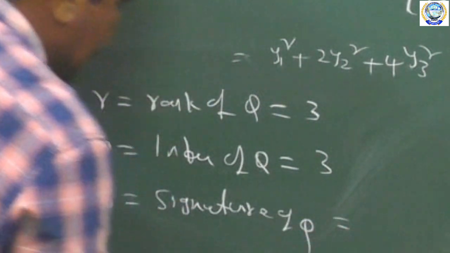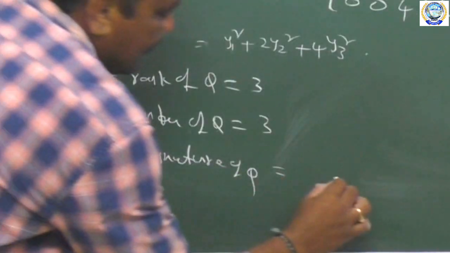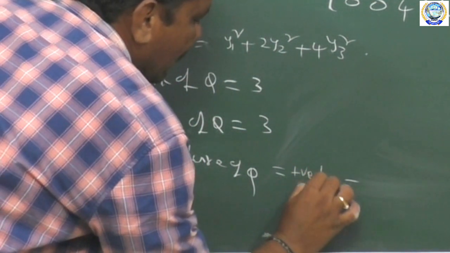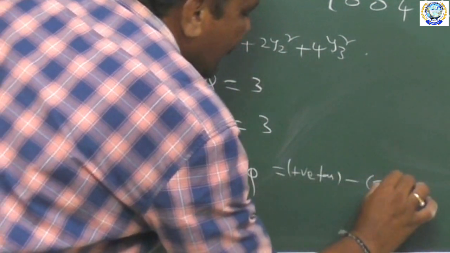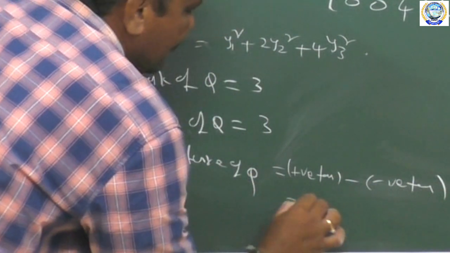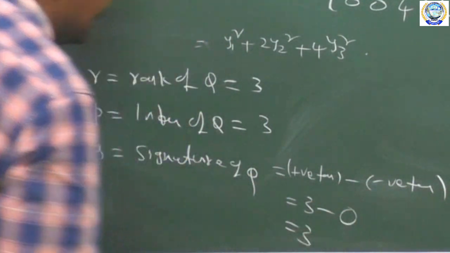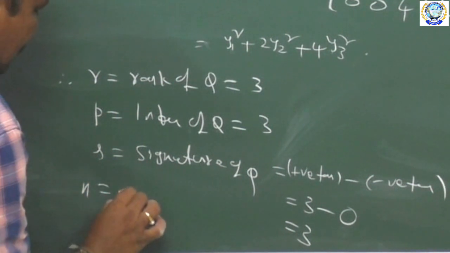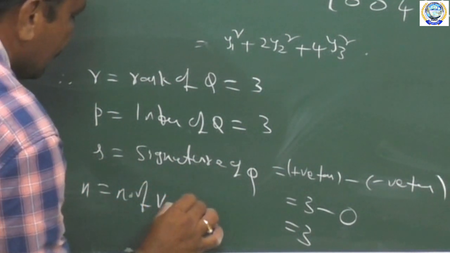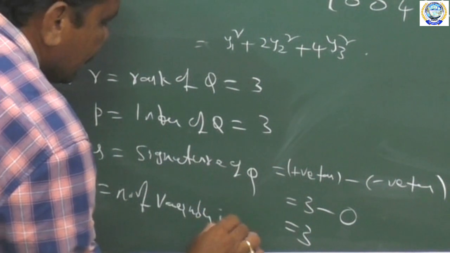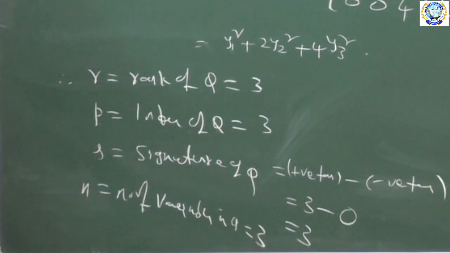Signature of the given quadratic form is S, and it is the difference between positive terms and the negative terms in the canonical form. Number of positive terms are 3, negative terms are 0, that is 3. And n is equal to the number of variables in Q, that is equal to 3.